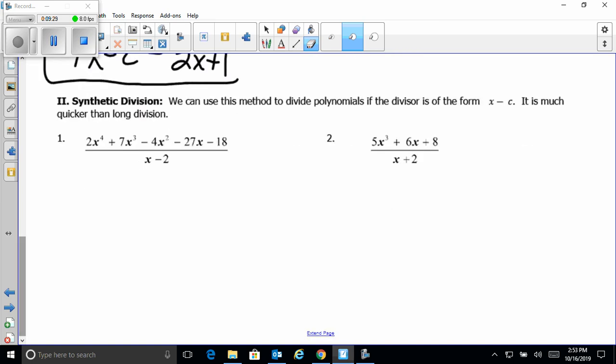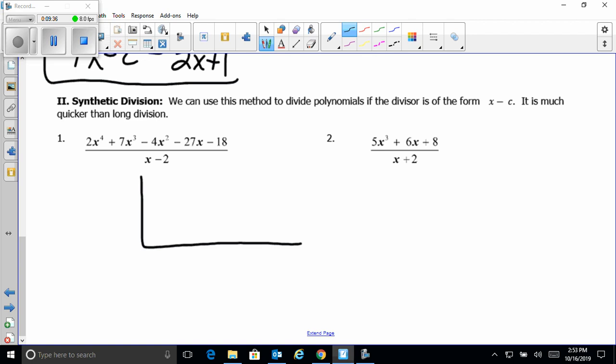Very similar to long division, in that we have to make sure our dividend is in order by the powers and that we're not missing anything. But we just write down the coefficients. 2, 7, negative 4, negative 20, negative 18. If we're missing something, we'd write 0. And then we're dividing that by 2, not negative 2, because remember the form says minus. We're just dividing it by 2.